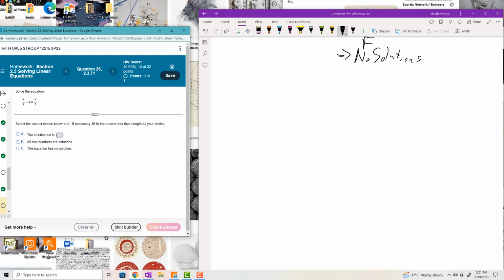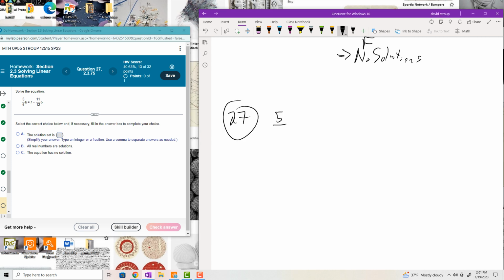And, you know, this next one is one of those problems where there's fractions involved. Sure, let's try this one. It's got a variable b. You don't see that very much. B as in baseball. So b is 7 minus 11 twelfths times b. So first things first, multiply by something that's divisible by 6 and 12, and that's just 12.